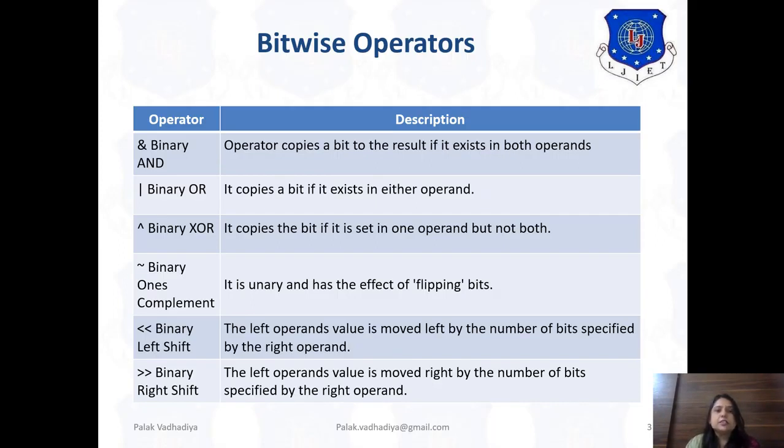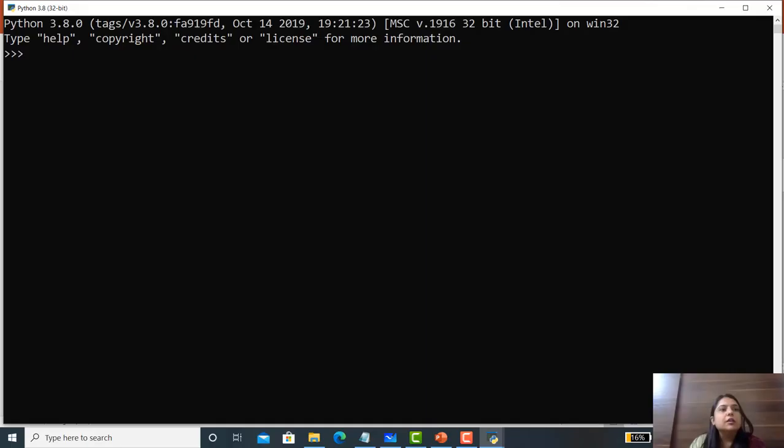Now we will see how these bitwise operators work practically. Consider the value of A is 1 and the value of B equals 2. If I perform the AND operation, A and B, the answer is 0.